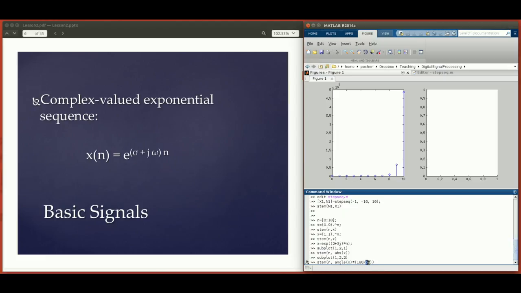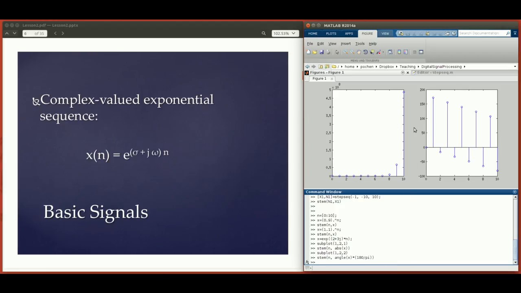So pi is equivalent to 180 degrees, and this number allows you to convert from radians to degrees, right? And then let's just make a plot. That's going to give you the phase angle of all the 10 different complex numbers, right?